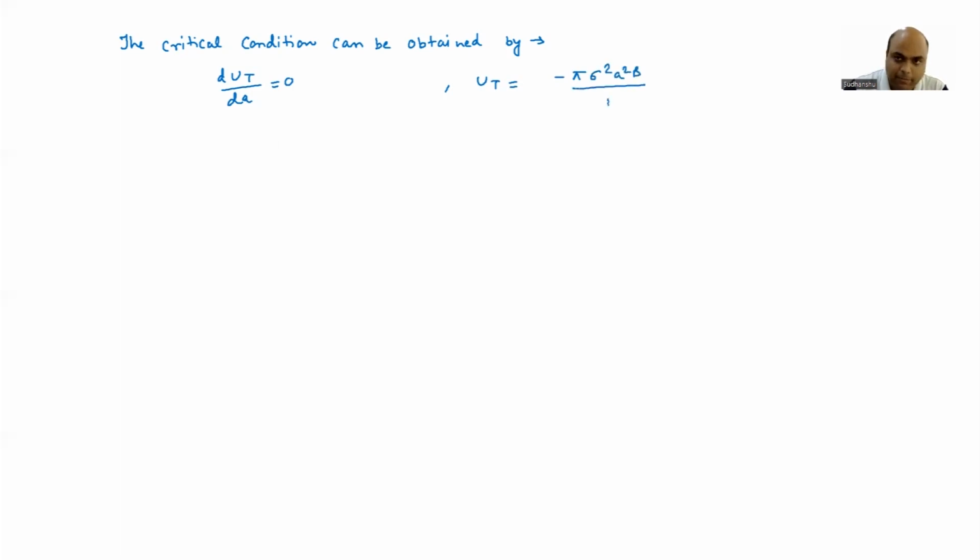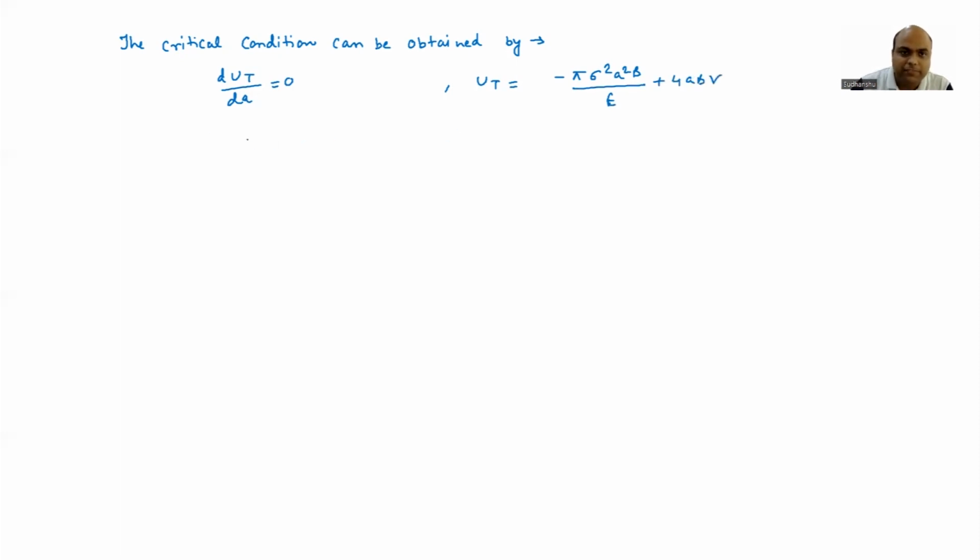So the critical condition can be obtained by dUT by dA equal to 0. So at the maximum point, the slope is 0, right? So let's differentiate and just let me write down here. UT is minus pi sigma square A square B divided by E plus 4A B gamma.